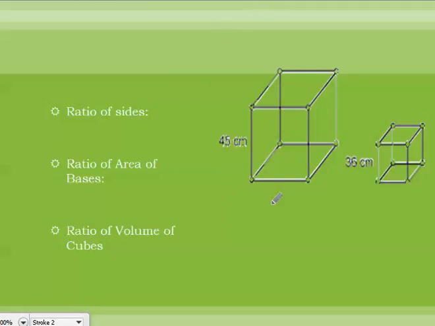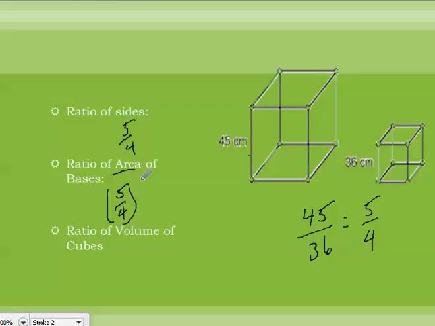One more try with these, going from side measurements to the ratio of the sides. So I'm going to take 45 over 36. 9 goes into both of those. It's 5 over 4. So my ratio of my sides is 5 to 4. The ratio of the area of the bases, that's area, so I'm going to take 5 over 4 squared, and that's going to be equal to 25 over 16.